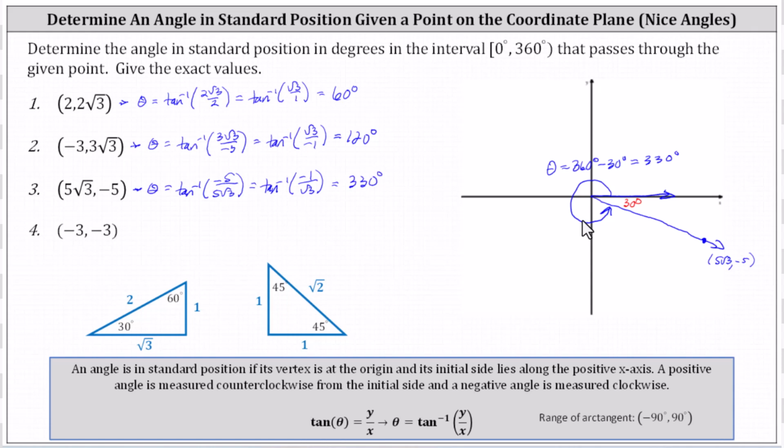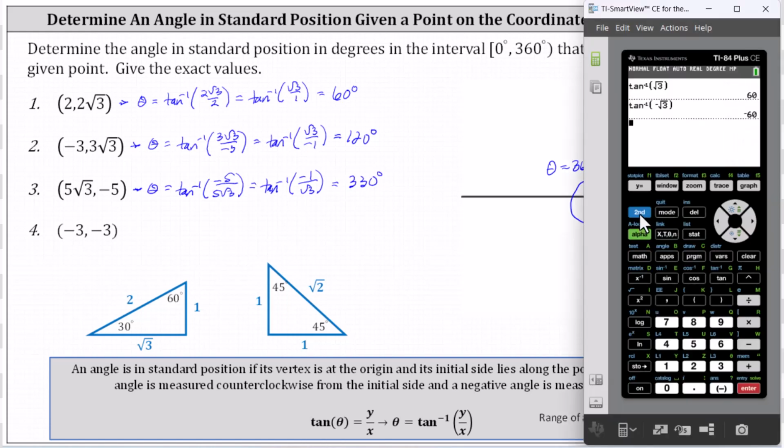And now using the calculator, we enter second tangent, negative 1 divided by square root 3, right arrow, close parenthesis, enter.